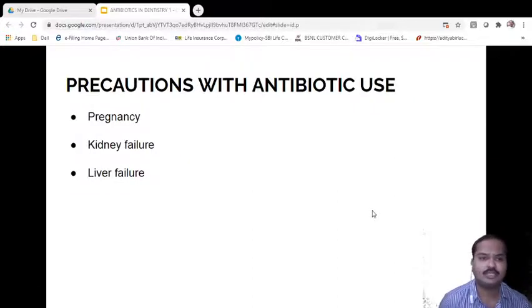the alternative drugs. In the use of antibiotics, we have to be precautionary in cases where the patient is pregnant, or has kidney failure or liver failure. In pregnancy, most of the time there is no antibiotic which will not have any effect on the fetus.